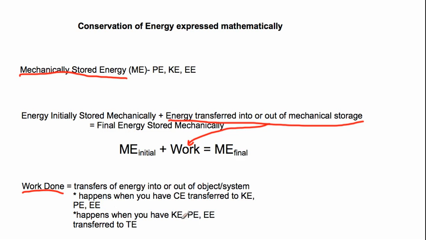It also happens if you have KE, PE, or EE, which is transferred to thermal. So for example, sliding across a tabletop, a book will start with its energy stored kinetically but end with its energy stored thermally. That's another clue that work has been done. Now, over the course of the next couple questions, we'll see how these ideas apply.